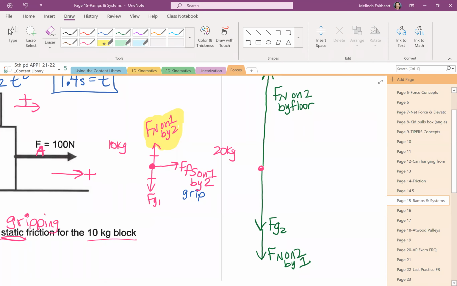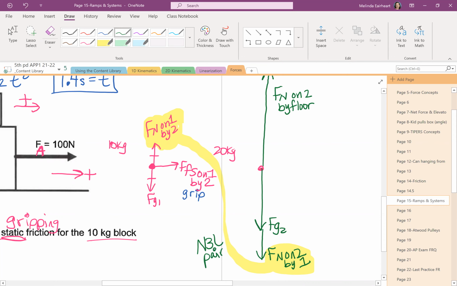And I'm going to highlight that one yellow because those 2 yellow forces are equal and opposite on 2 different objects. They are what? They are supporting which of Newton's laws? Third law. And so note to self, those are a Newton third law pair.